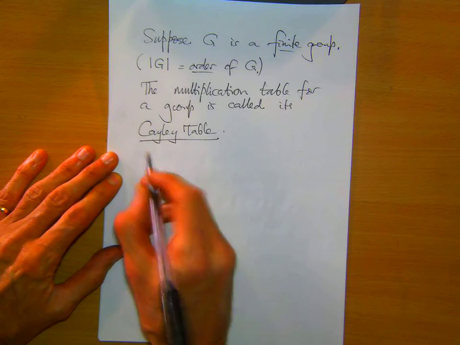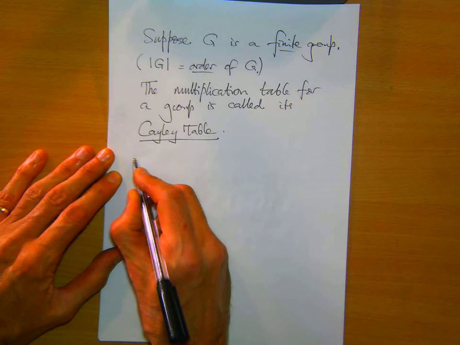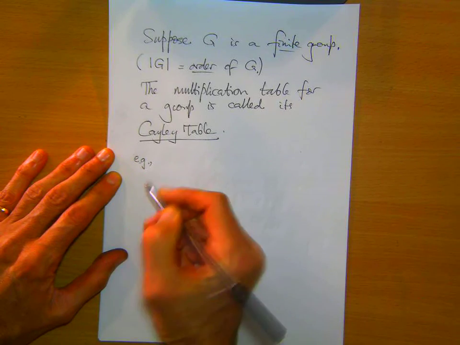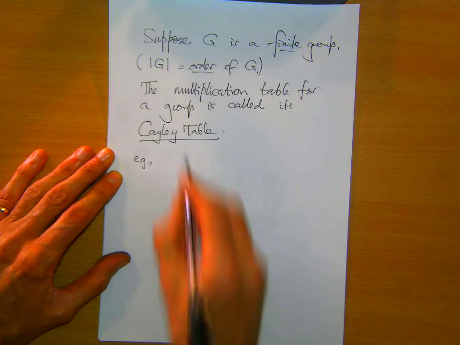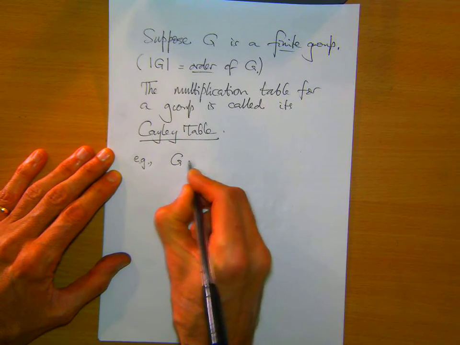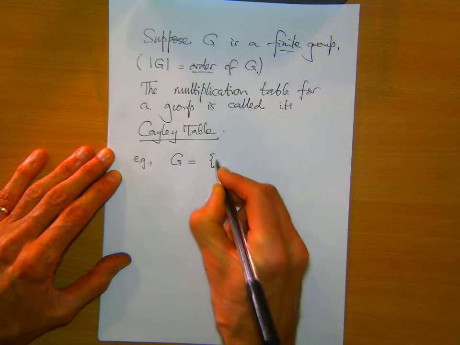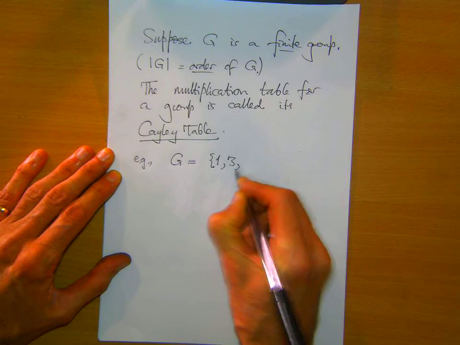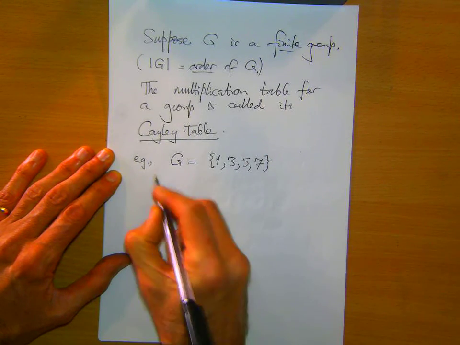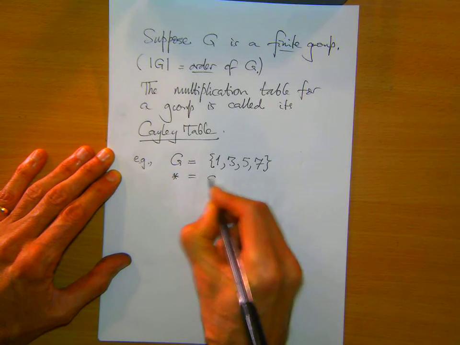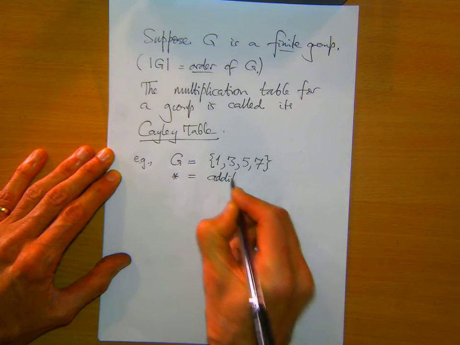So an example we did, which came up in one of the questions on worksheet 3: if we took G to be these integers modulo 8, and star is multiplication modulo 8.